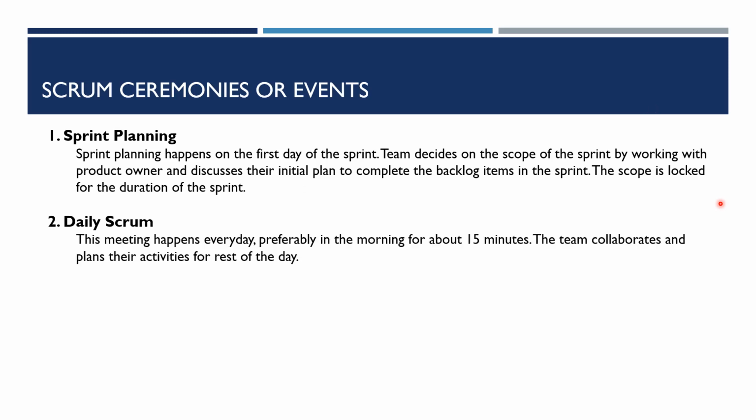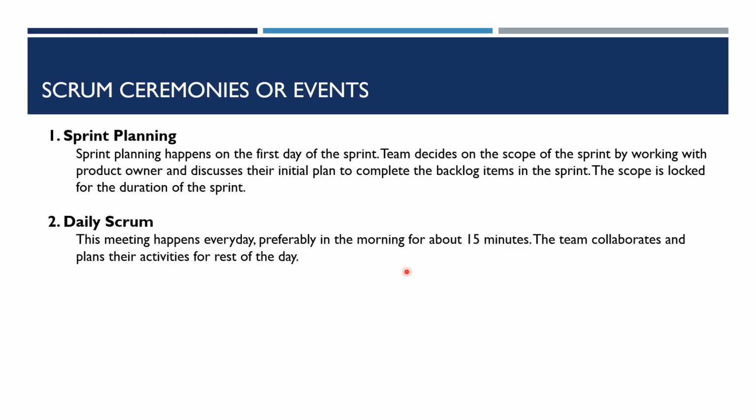The second one is daily Scrum. This is a meeting that happens every day. It happens mostly in the morning for about 15 to 20 minutes. In this meeting, the team collaborates and plans their activities for the rest of the day. So this is a daily planning.